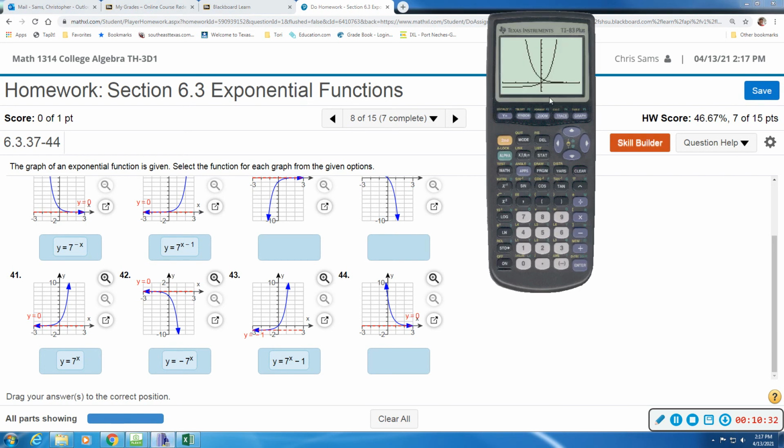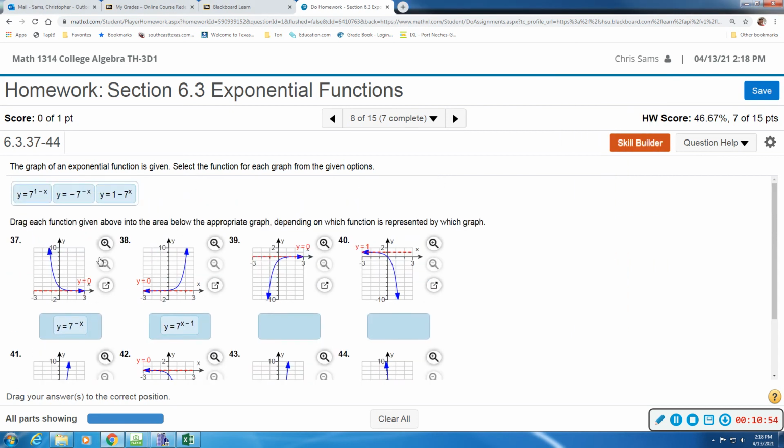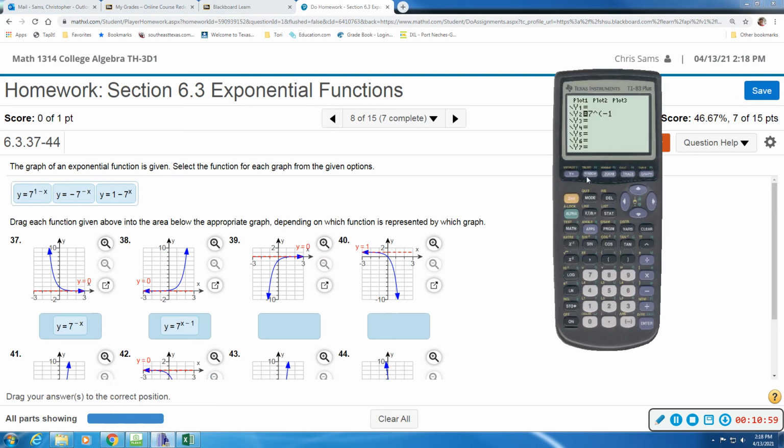Let's also verify it by graphing. Let's clear out this one, and this one is pretty close to what we have. So let's change this to, in parentheses, I have to do it with the calculator. Where's that function at? We're going to do 1 minus x and then close it.